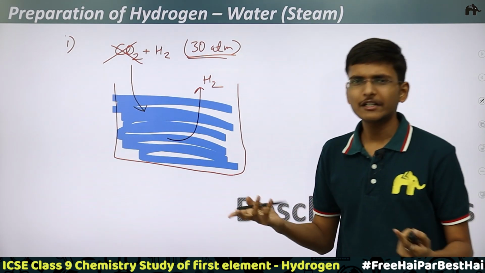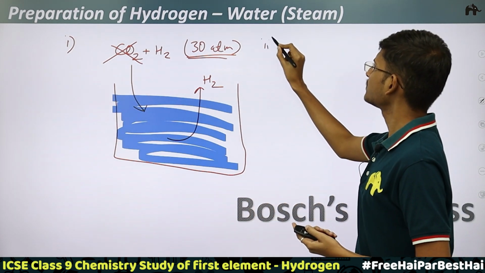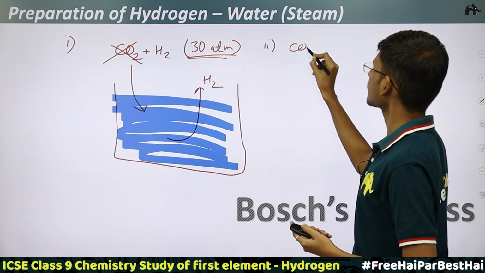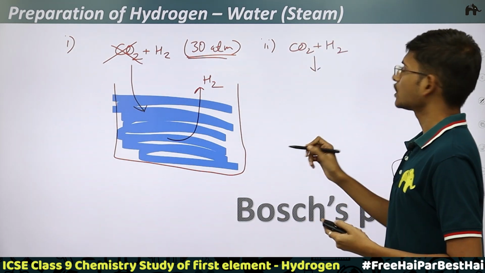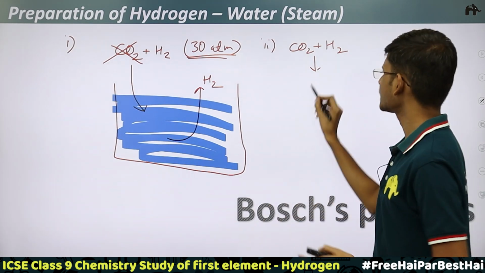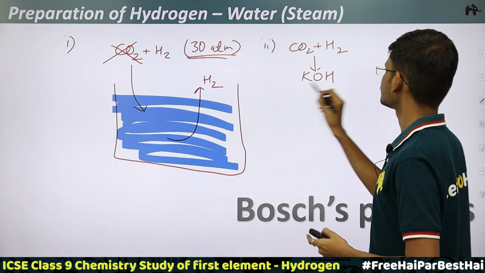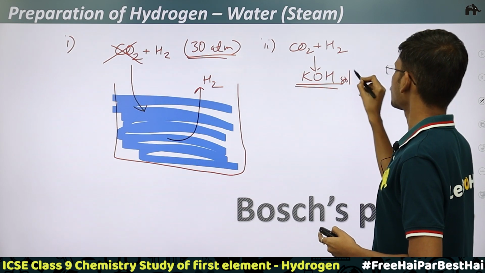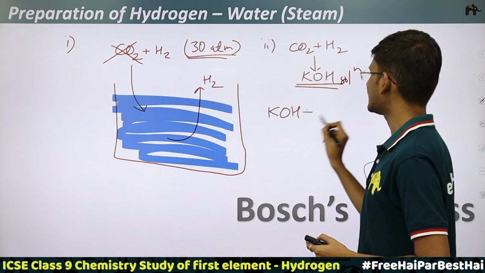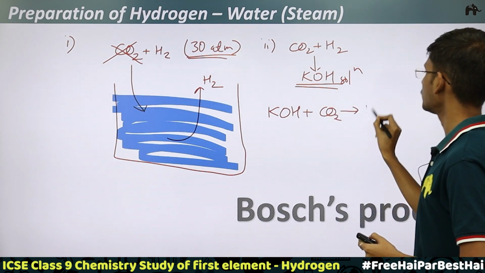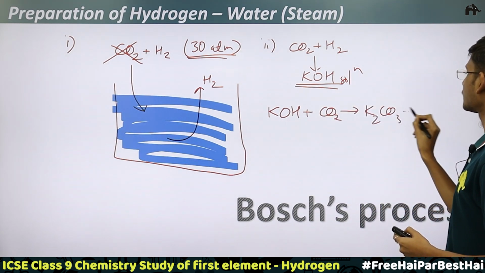The other method is also very easy. We just pass the same carbon dioxide and hydrogen mixture into caustic potash solution, that is KOH solution. KOH reacts with carbon dioxide to form potassium carbonate.